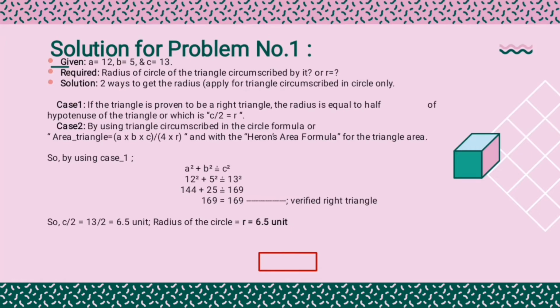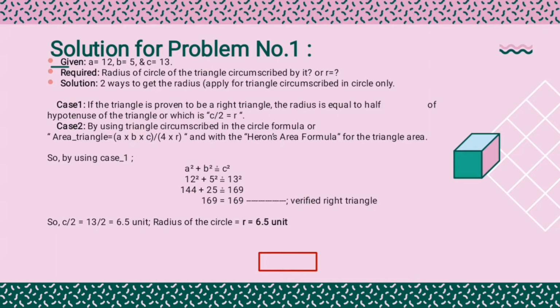If the triangle is proven to be a right triangle, the radius is equal to half the hypotenuse of the triangle, or c divided by 2 is equal to r. Or by using the triangle circumscribed in the circle formula, area of the triangle is equal to a times b times c over 4 times r, with Heron's area formula for the triangle's area.